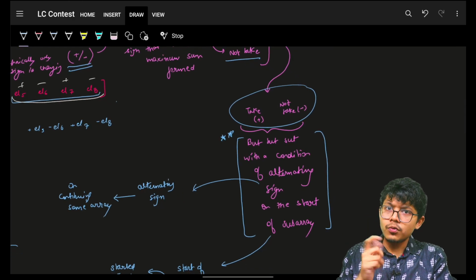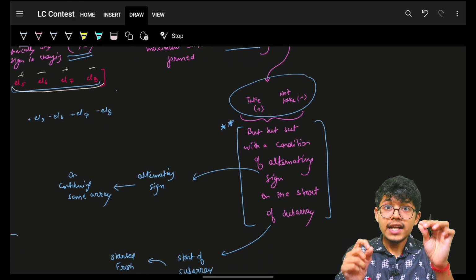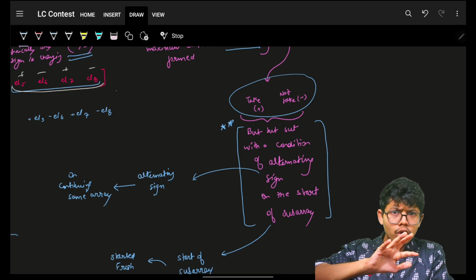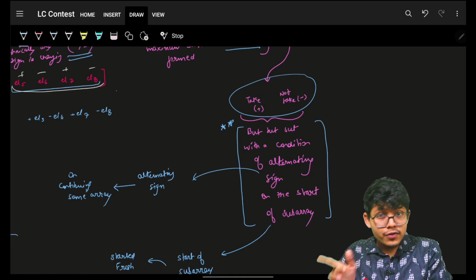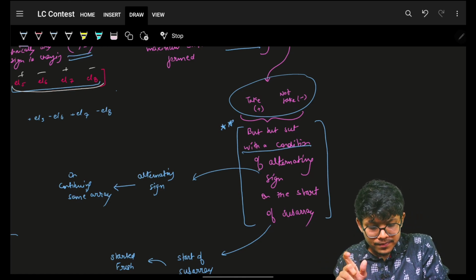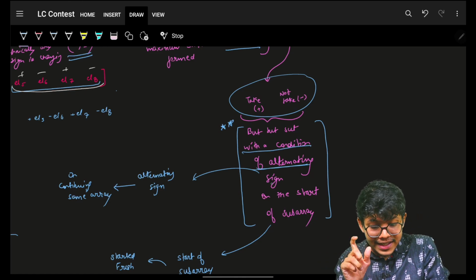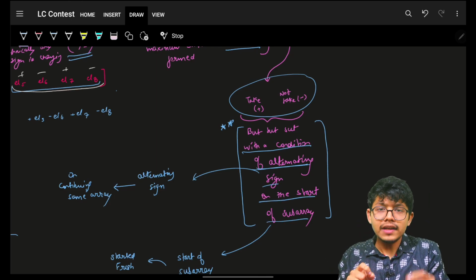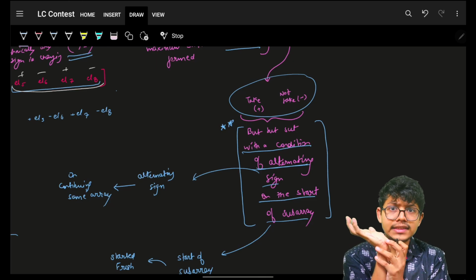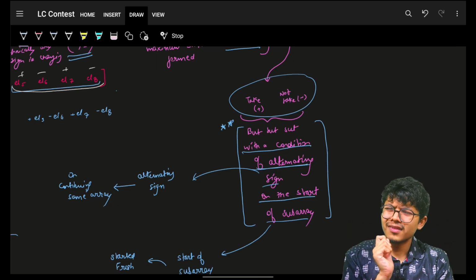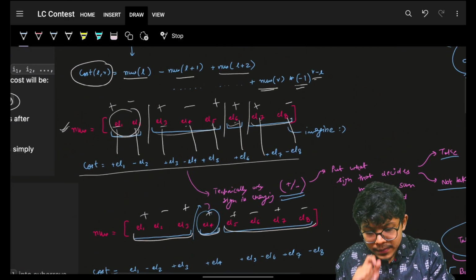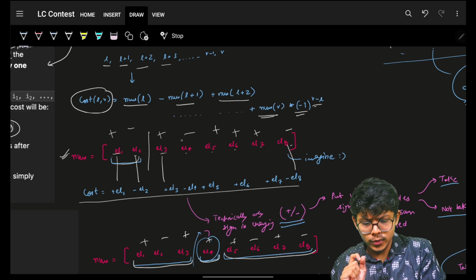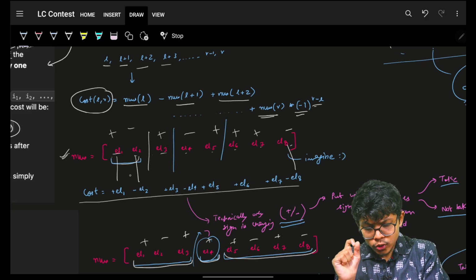Now, in that case, I realized one thing: I have to do a split or not a split, or basically put a positive or a negative, based on the condition that the signs should be alternating. But the sign will be alternating based on whether that subarray is continuing. In this specific split we were doing, we realize there are two major things.